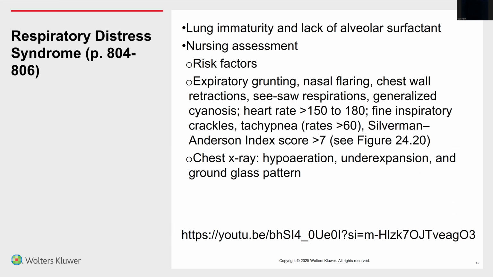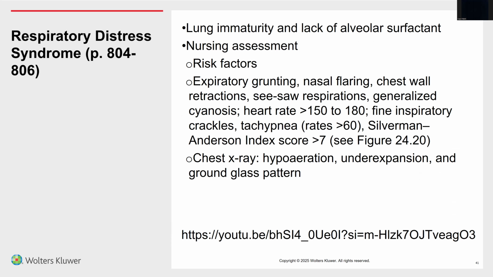Expiratory grunting, nasal flaring, chest wall retraction, seesaw respirations, generalized cyanosis, heart rate greater than 150 to 180, fine inspiratory crackles, tachypnea where the respiratory rate's greater than 60, and a Silverman-Anderson index score greater than 7.